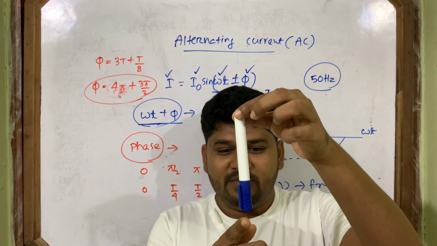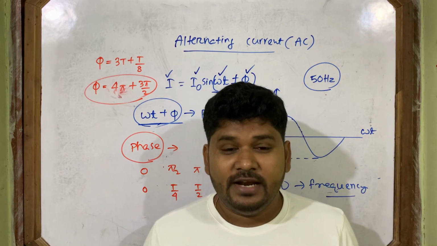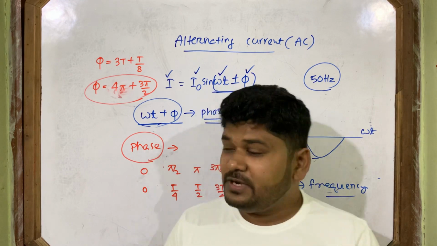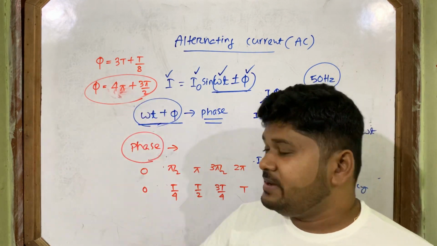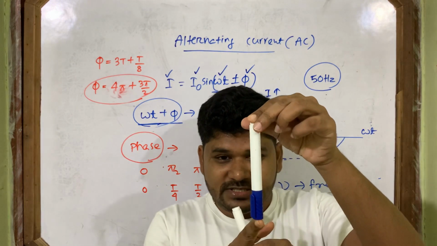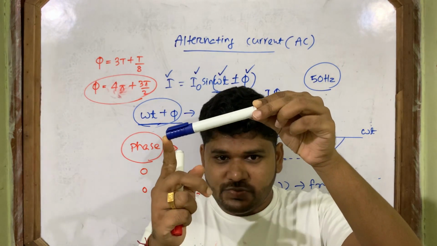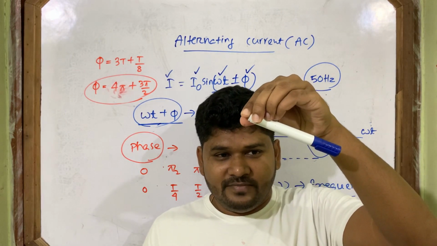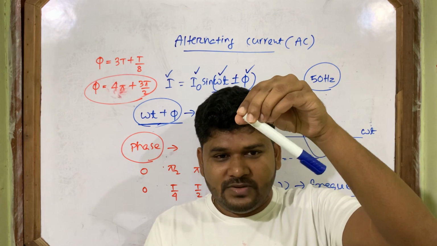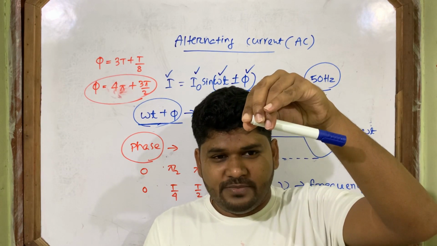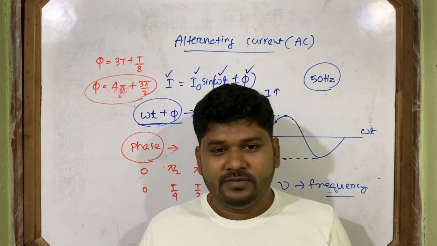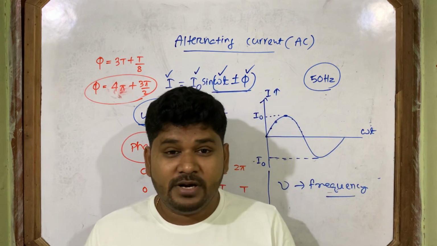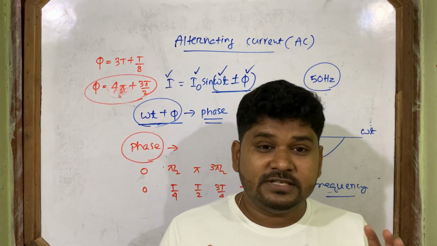It already completed 2 oscillations. Twice of 2 pi completed 2 oscillations, and where is the body now? 3 pi by 2. If this is the starting position, pi by 2, pi, 3 pi by 2 means the body is here. Now where will the body move? The body will come down. So we also get the direction of motion, the position of the body, as well as how many oscillations it completed.